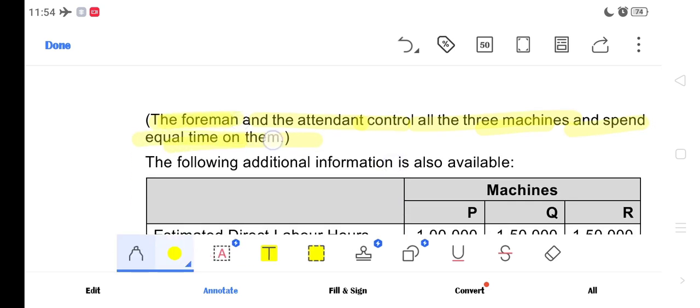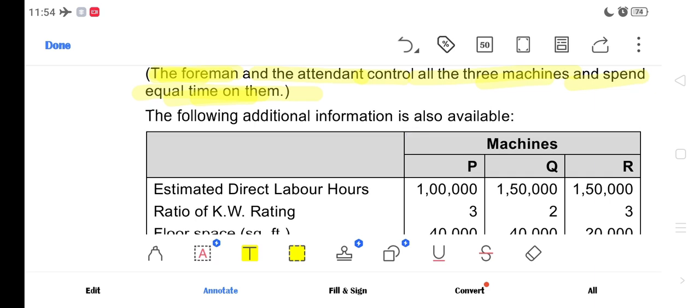So as per this hint we apportion the salary equally. Whatever the salary is, first you calculate it for the whole year and then apply it equally to all three machines. That's the hint given.